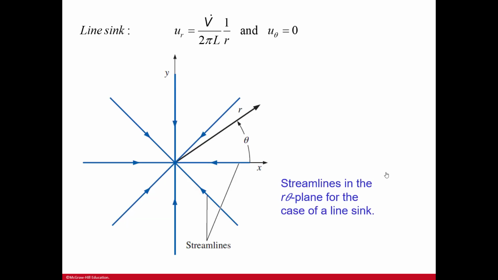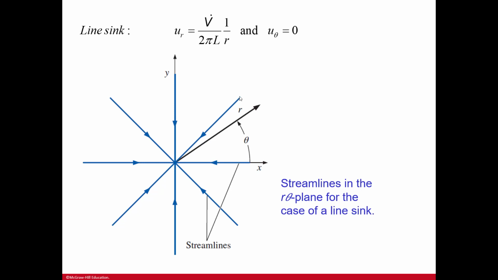So here's a formula for a line sink. Basically, a line sink is a single point at which the flow disappears. This shows it in reference to streamlines, and then streamlines in the R theta plane for the case of a line sink.